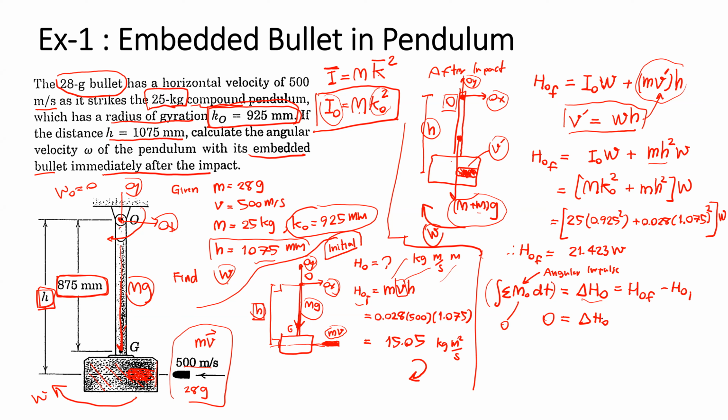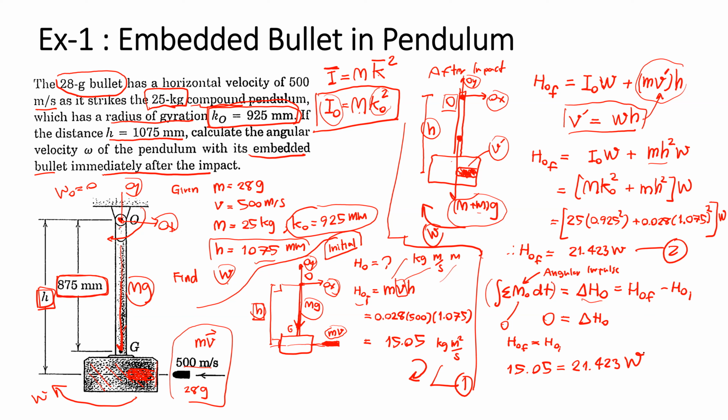So yes, the angular momentum at final state and angular momentum at initial state should be equal. This is the first equation. This is the second equation. Make it equal. Angular impulse at initial state equal to angular momentum at initial state equal to angular momentum at final state.